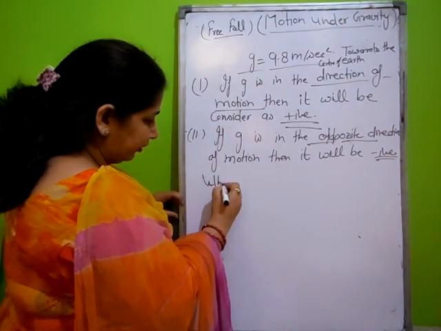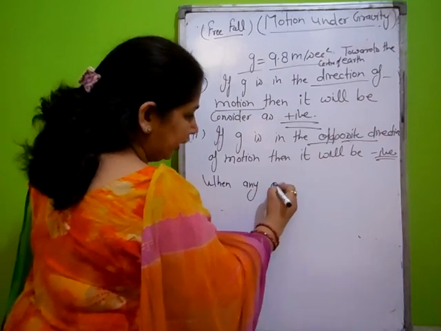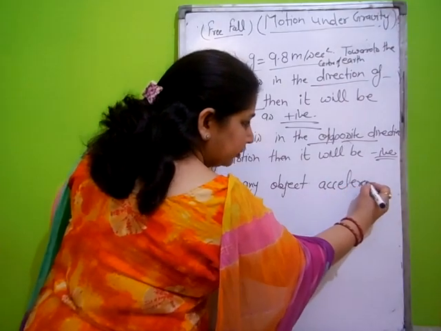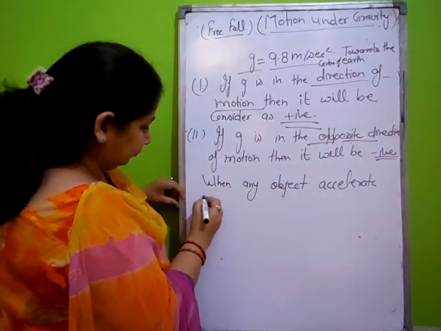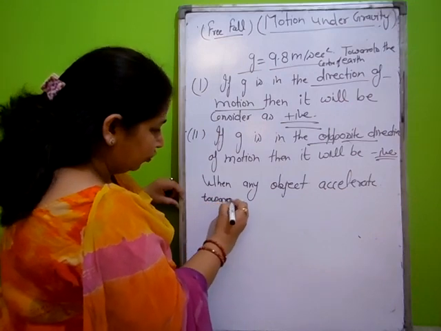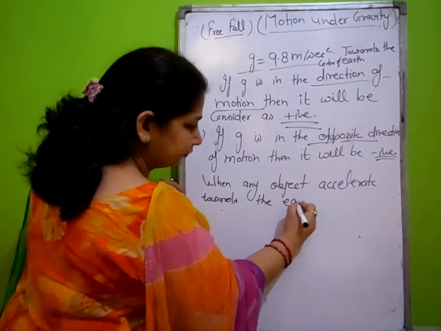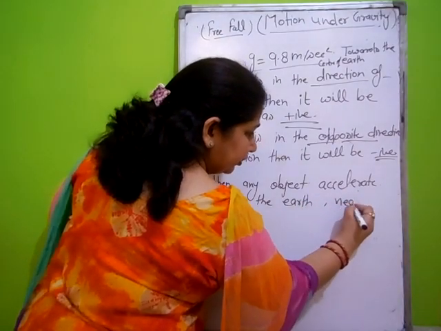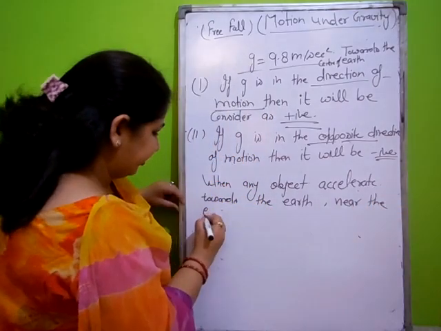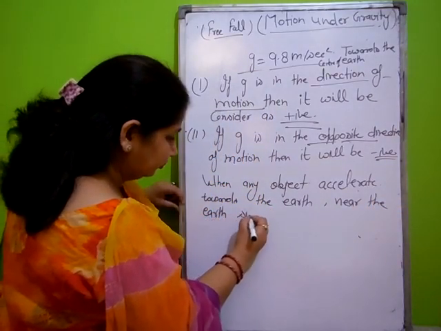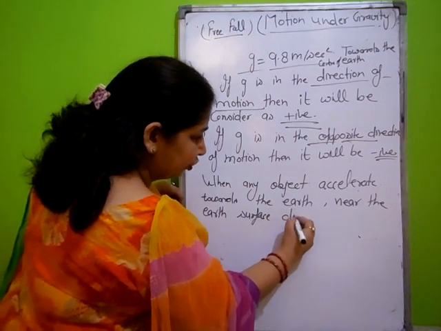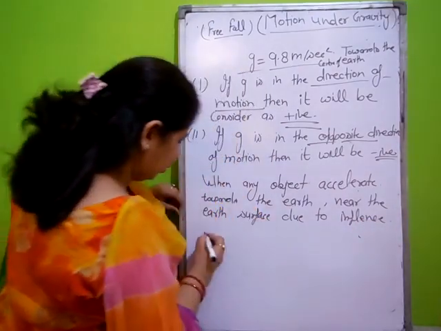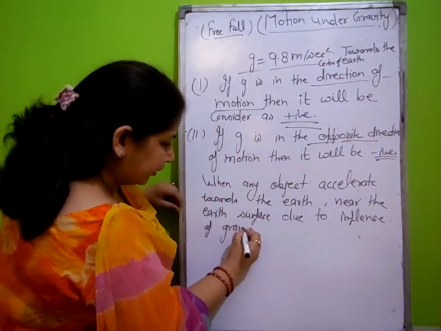Now the definition of free fall: when any object accelerates towards the earth, near the earth's surface, due to the influence of gravity.